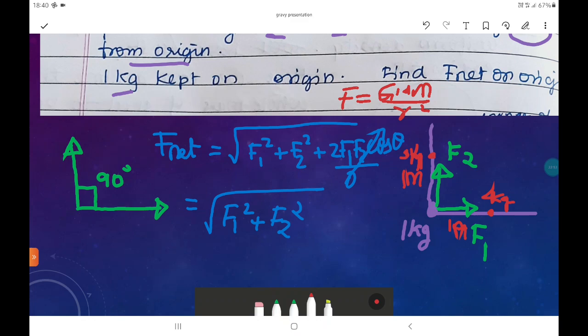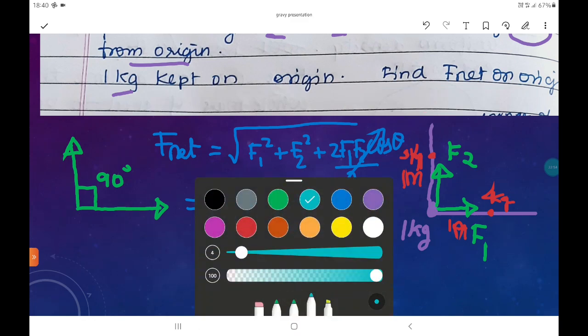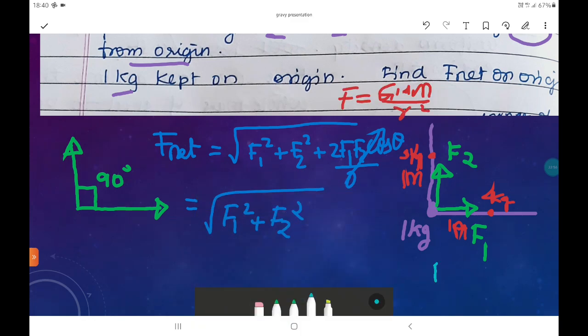So for F1, substitute that. F1 will be equal to G constant, one mass is 1 kg, another mass is 4 kg, so 1 multiply 4, and the distance is 1 square. So F1 value is 4G.